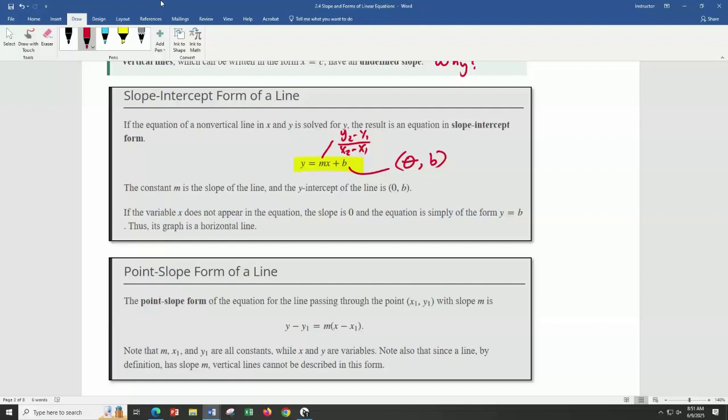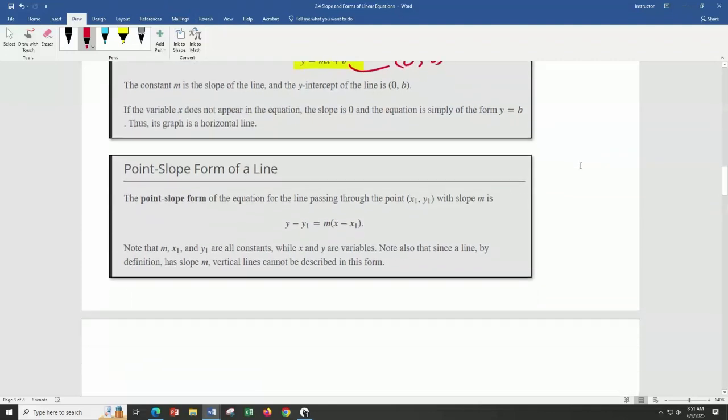To get something in that form, you're obviously going to need the slope and you're going to need the y-intercept, okay? Well, the only problem is sometimes you don't get those, which is why we have this point-slope form of a line, okay? Point-slope form of a line is for a line passing through the point, notice not the y-intercept, just a point, okay?